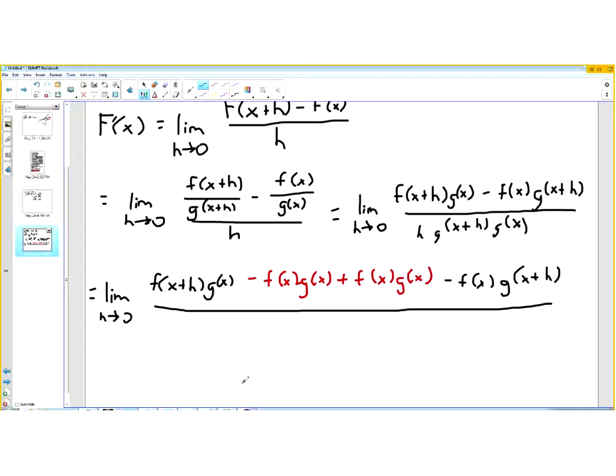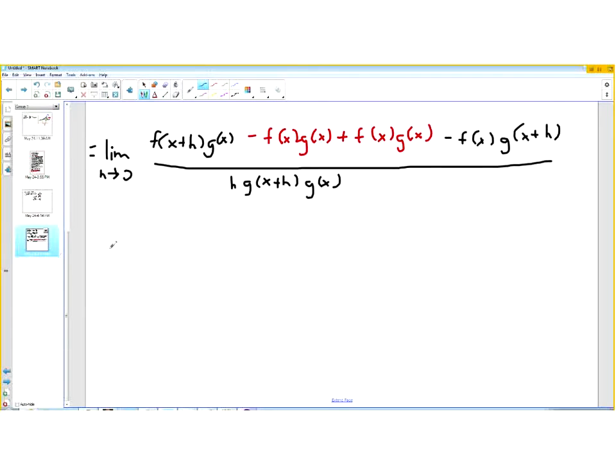Okay, and all of that divided by h times g of x plus h times g of x. Okay, and so what does that offer up? Okay, so continuing on, what I'll do next is I'll take this h right here and I'll bring it up into the numerator.